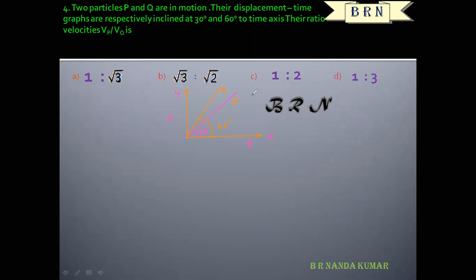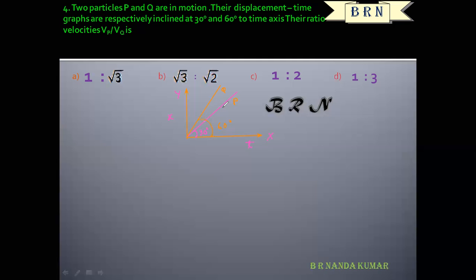So actually here we have to calculate the ratio of velocities. So how do you find velocity in a displacement time graph? By calculating slope, is it not?